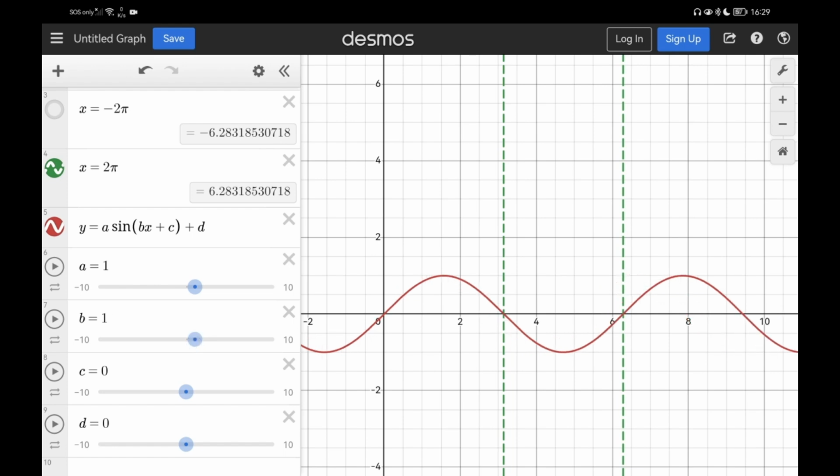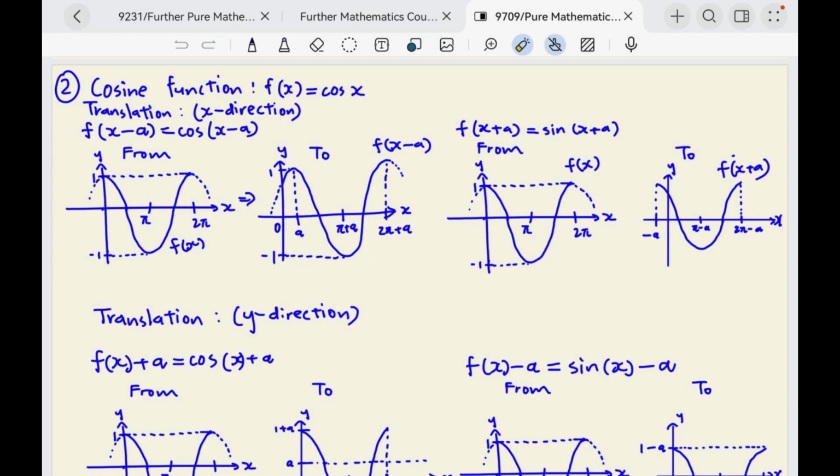Next I'm going to explain how the transformation works for cosine functions. For the cosine function, it is exactly the same as the sine function, just that the cosine function is a quarter cycle different from the sine function. So let's dive into the translation in the x direction for the cosine function.